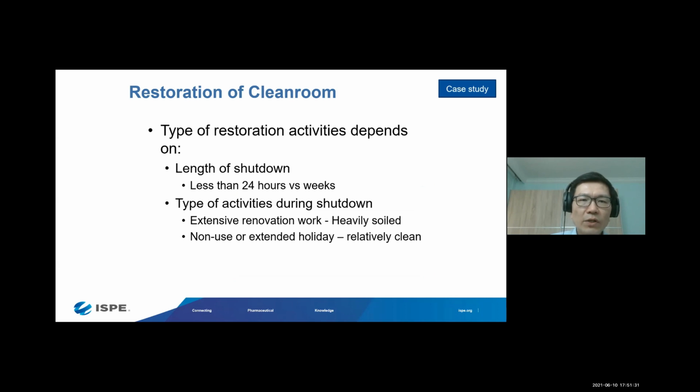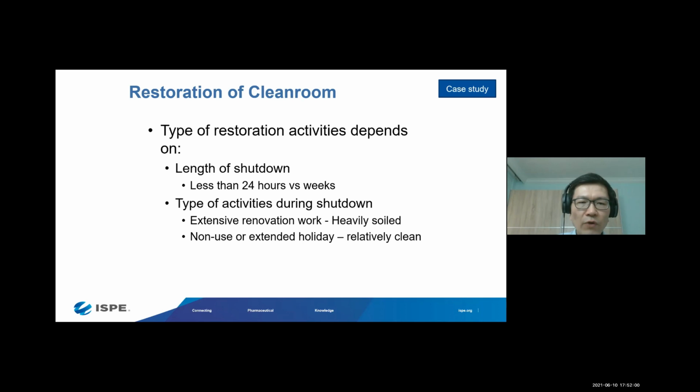So next, the restoration activities of the cleanroom depend on the length of the shutdown. Some shutdowns can be less than 24 hours, very short, and some can be weeks or months. The type of activities during shutdown can also affect what restoration activities you need to implement to restore the cleanroom back to the operational state. This includes how extensive your work was during the shutdown.